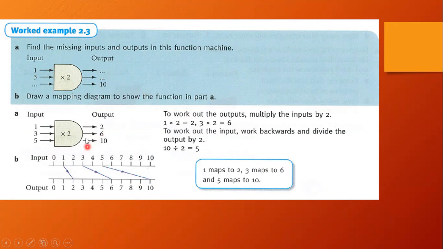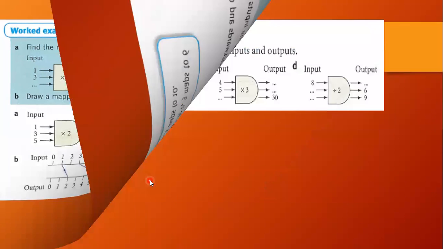Whenever you are moving from forward to backward, you are doing the opposite steps. You must check the opposite, because you're moving opposite, so the opposite of multiply is divide. So 1 maps to 2, 3 maps to 6, 5 maps to 10. So you just write like that.